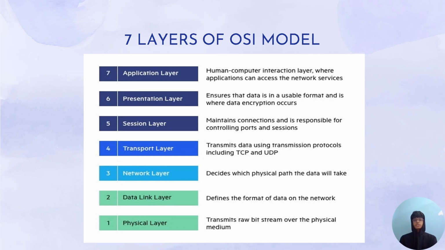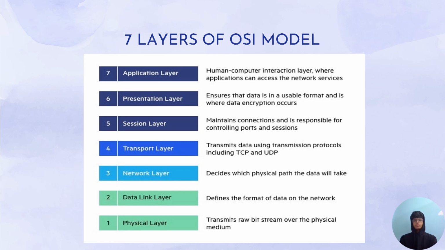We'll see what is the physical layer. The physical layer transmits raw bit stream over the physical medium. Then second, we come to the data link layer. It defines the format of data on the network. Third, we have the network layer. It decides which physical path the data will take. Fourth, we have the transport layer. It transmits data using transmission protocols including TCP and UDP.